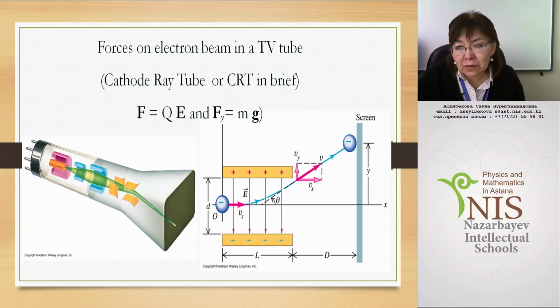I'll again put here a diagram which shows you the deflection of the beam. You can measure all distances and even evaluate some charge if you use a CRT in the oscilloscope, or you can just find your image by watching TV.